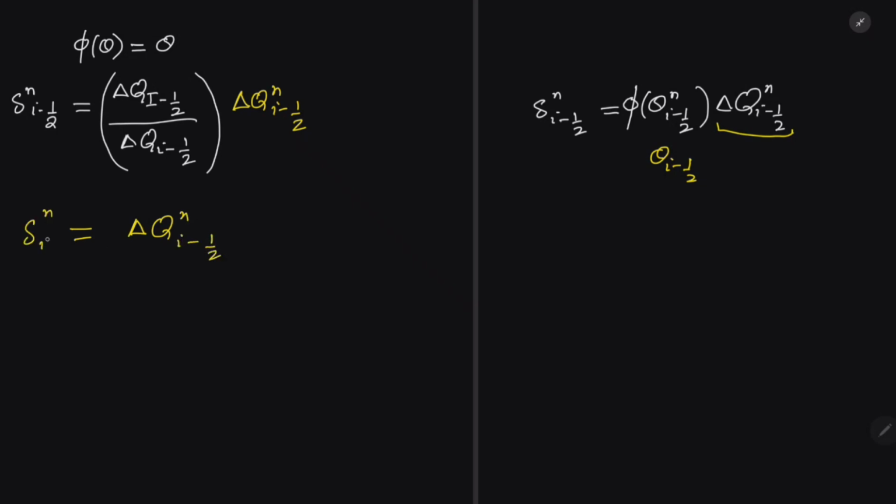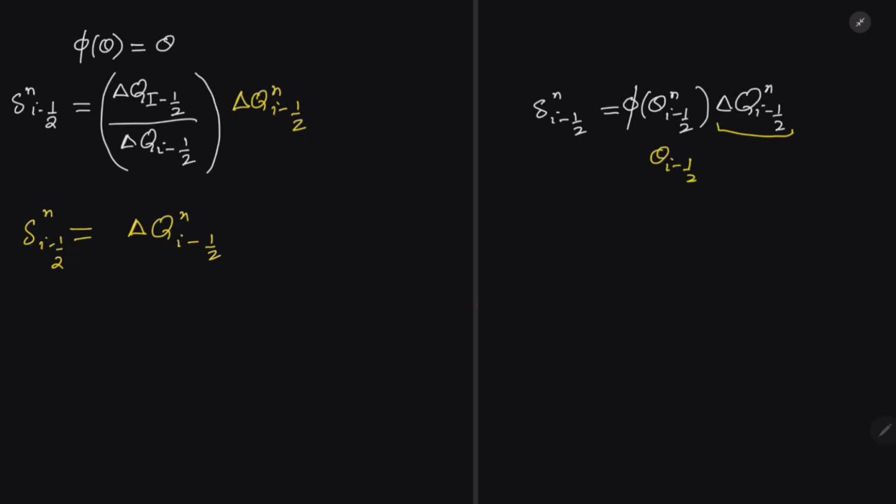So phi of theta equal to theta gives you some method, and this is the upwind method.